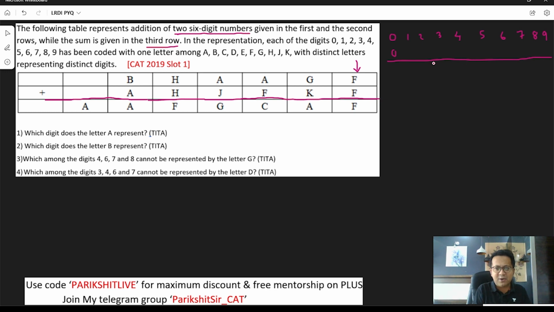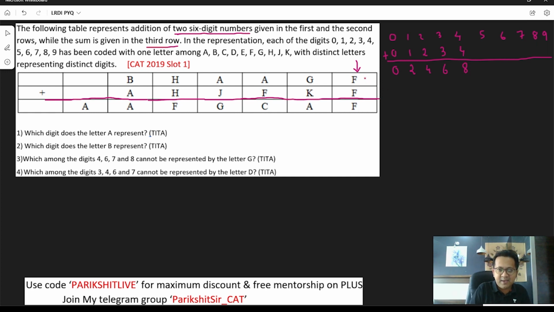This is only possible if the digit is 0. Otherwise, think about it. If you have 1 plus 1, this is going to become 2. 2 plus 2 is going to become 4. 3 plus 3 is going to become 6. 4 plus 4 is going to become 8. 5 plus 5, and so on. It will never remain the same. The only possibility where it remains the same is 0 plus 0.